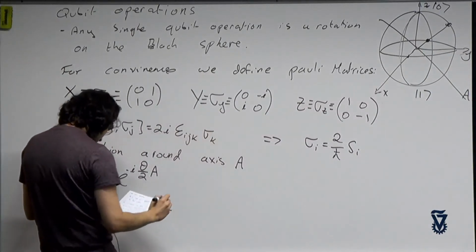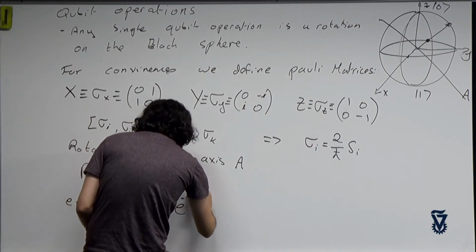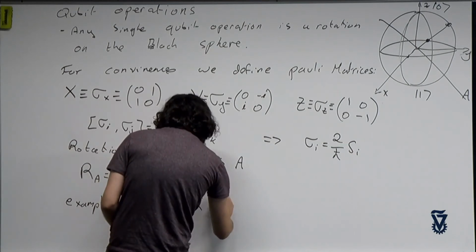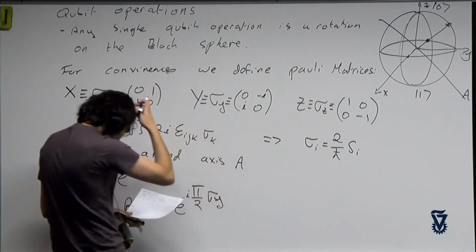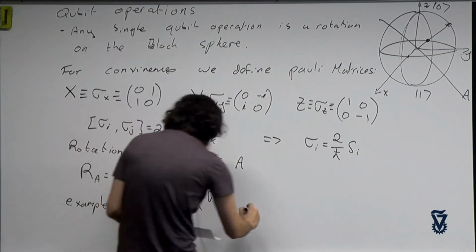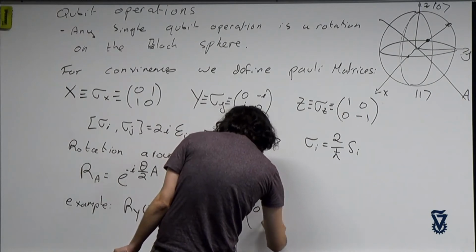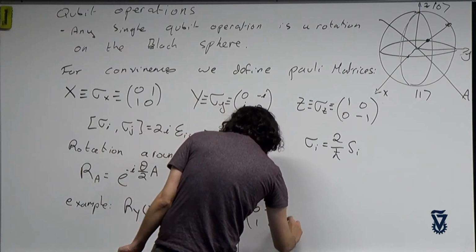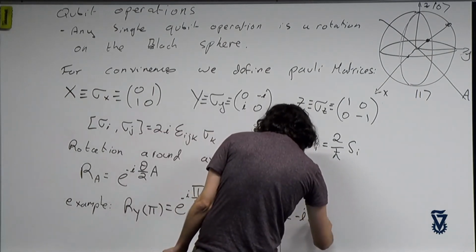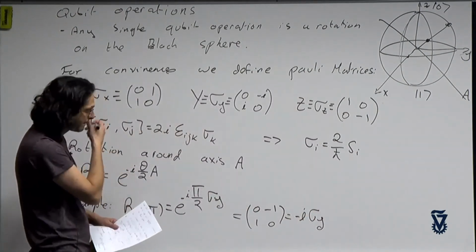This would just be e to the minus i pi over 2 sigma y, I'm just plugging it in over here. If you exponentiate this, you will get the result 0, minus 1, 1, 0, which you will notice equals minus i sigma y.